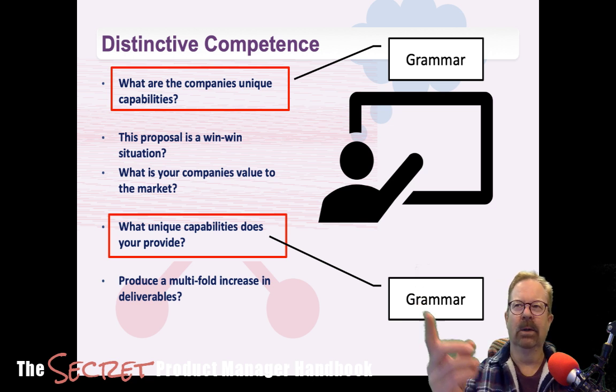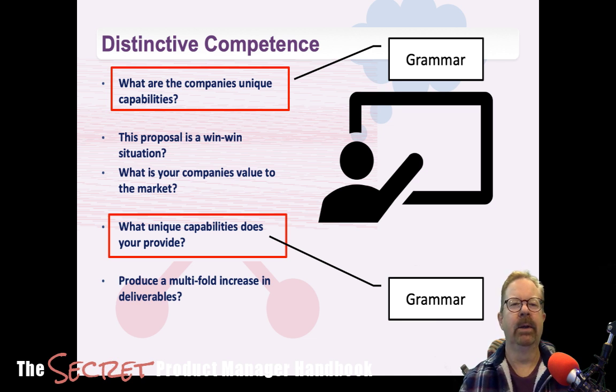What's written here is companies, a plural, but it's meant to be a possessive, so it should end in apostrophe s instead of IES. And then the other example, what unique capability does your provide? Well, it's missing the subject of the sentence. What unique capabilities does your company provide, your organization, your product, whatever it might be? Those are the types of things that can go wrong.